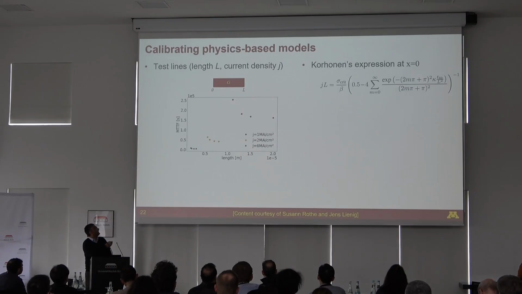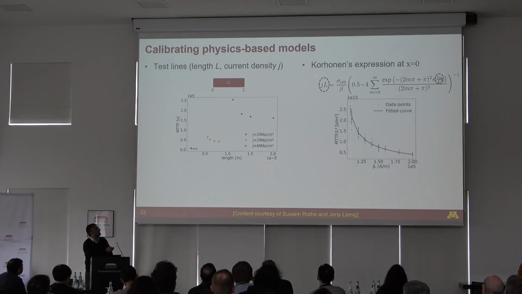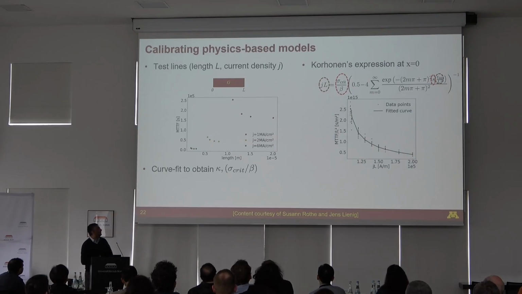So you could build a stress structure of this sort, and measure the JL product. You could measure the T-life, the lifetime normalized by L square, and plot them against each other, and those points might end up being some kind of scatter plot. You build your best fit to this. When you build your best fit, you can obtain the unknown parameters over here, and that, I claim, can help you solve the problem.